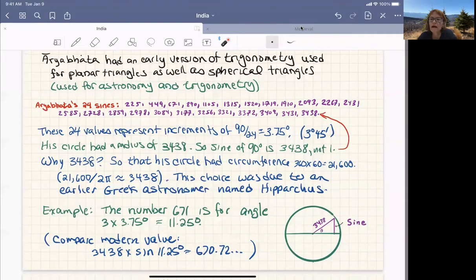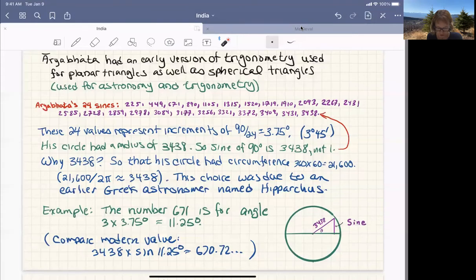Okay, so let's talk about his sine function. So he actually had basically a table of sines. And so that's listed right here. So basically it's a table containing 24 values of the sine function.